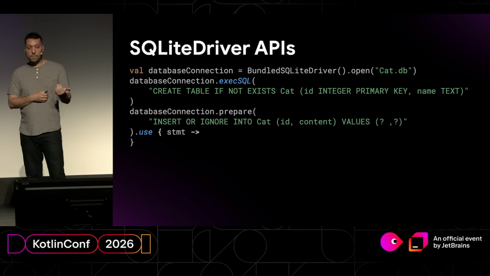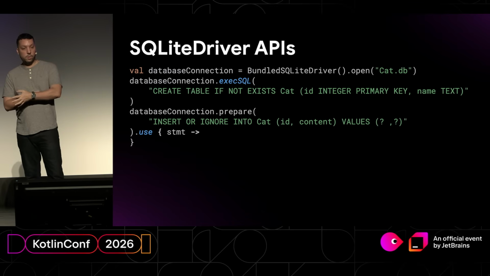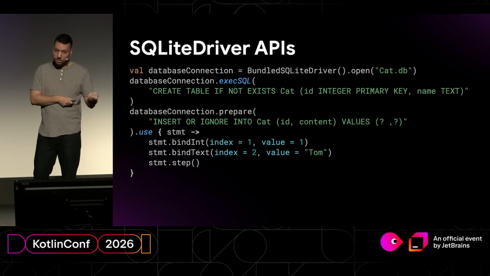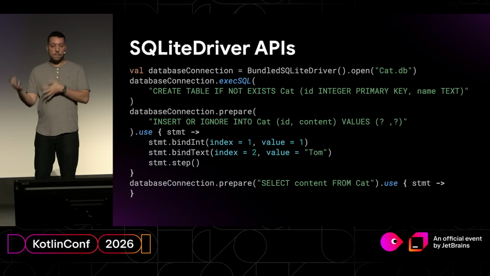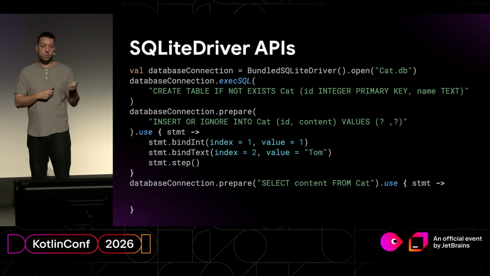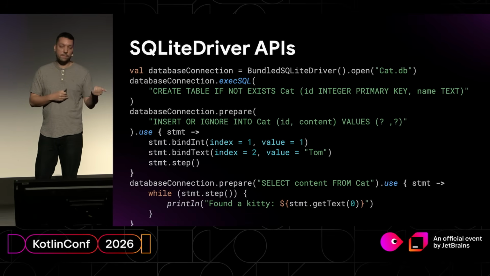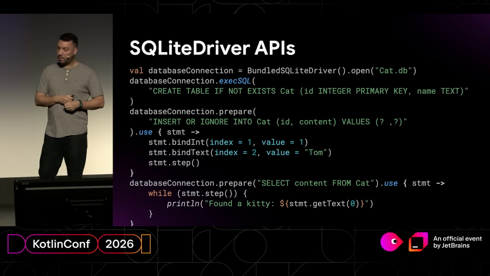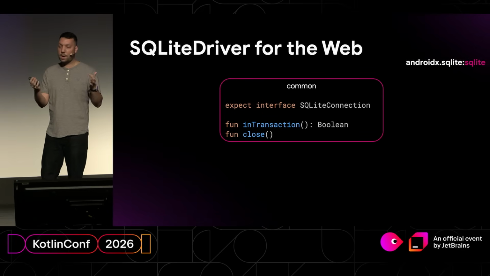If you want to insert something, for example, you can prepare a query and insert. And to pass runtime values, you bind values to that statement. And then to get something back, you also prepare a different statement, a select one, and you iterate on that statement via the step function. The key thing to notice here is that the key functions here are step, prepare, and open. And you can use this on a standalone app, but Room uses this, and it's really what empowers Room.